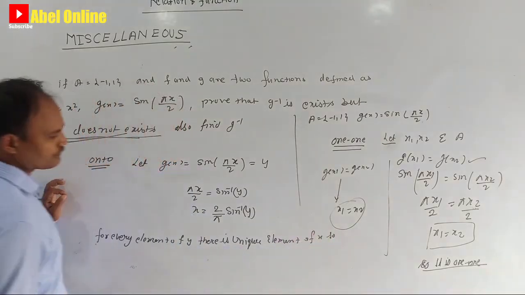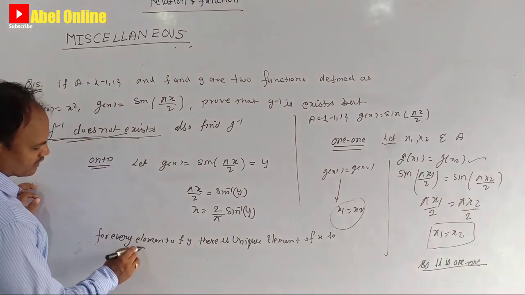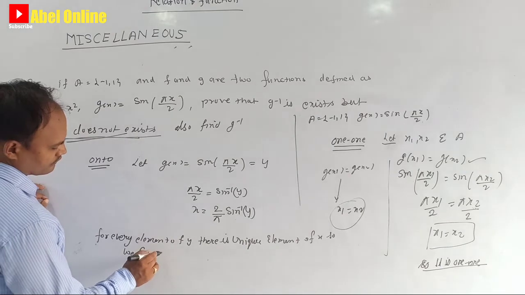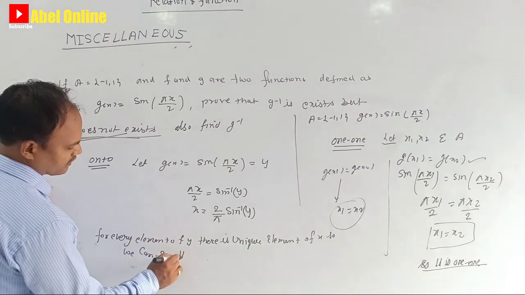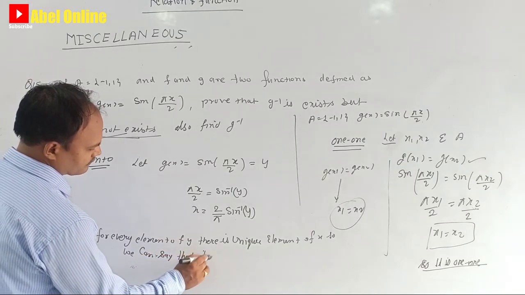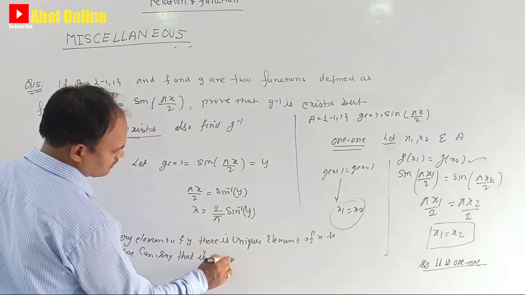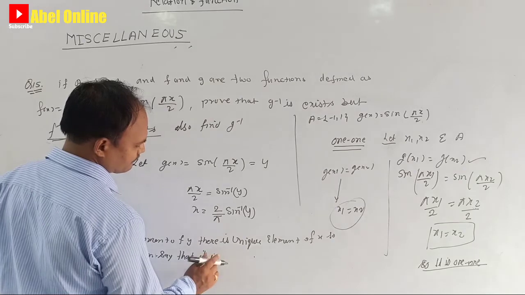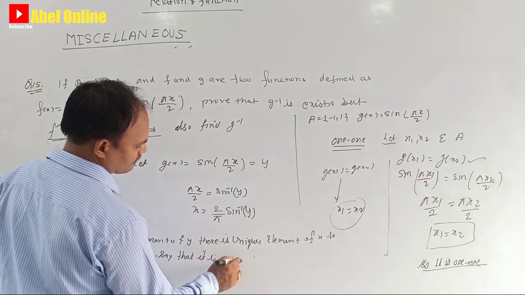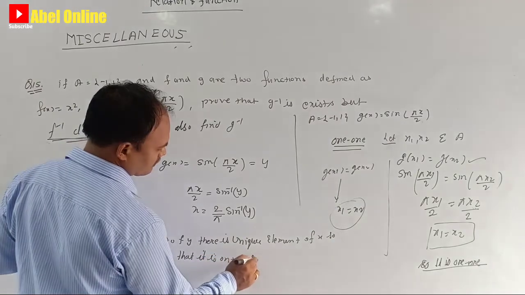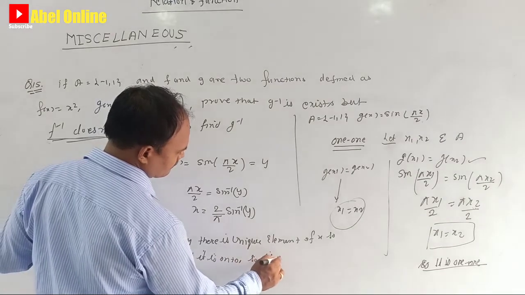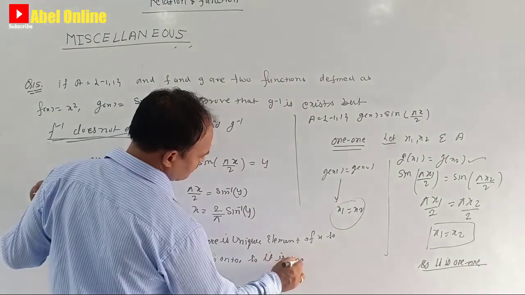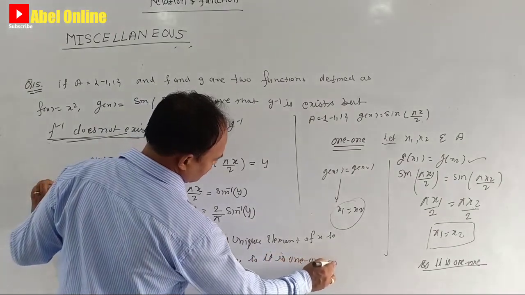So we can say that it is onto. So it is one-one and onto.